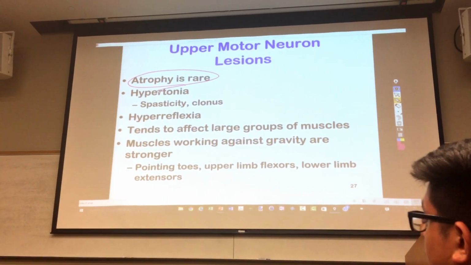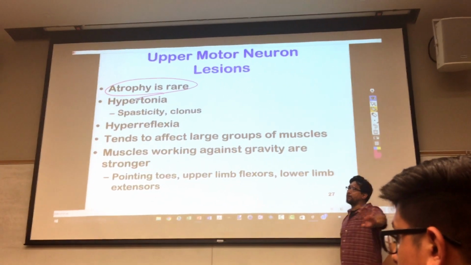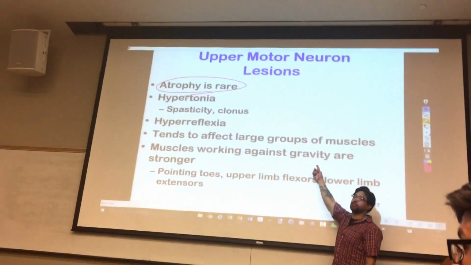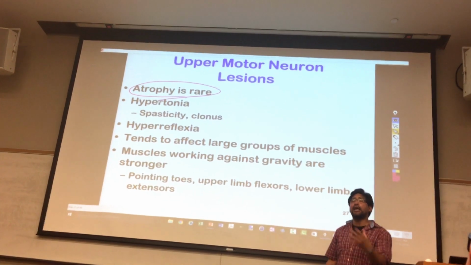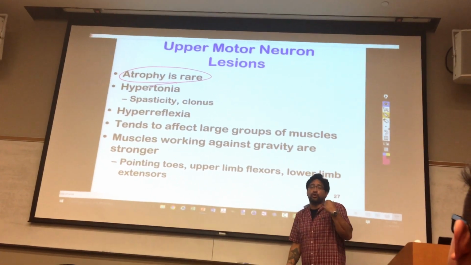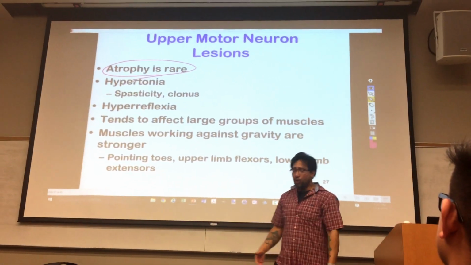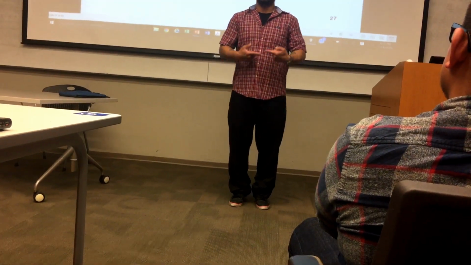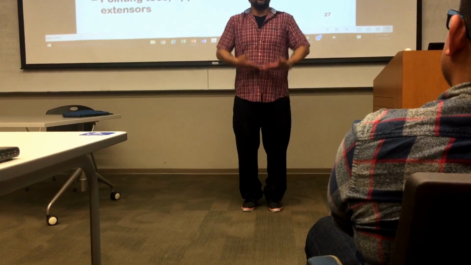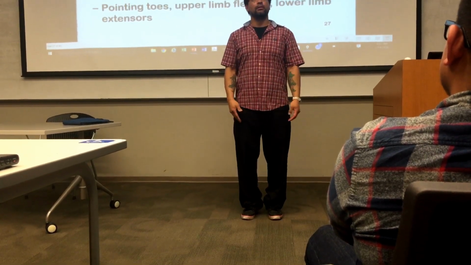Okay? Now, here's something that's really weird, and I don't have a good explanation for it. It's just something that they've noticed. The muscles that work against gravity tend to have the most contraction to them. So, muscles working against gravity, meaning, if I work against gravity like that, what am I doing?